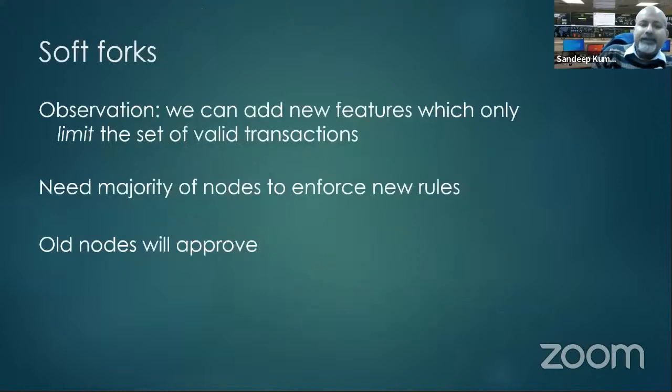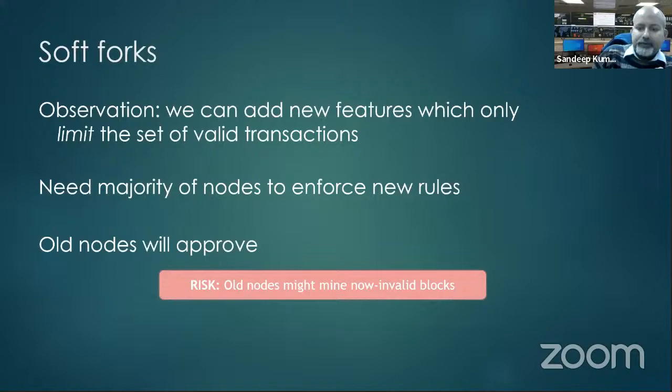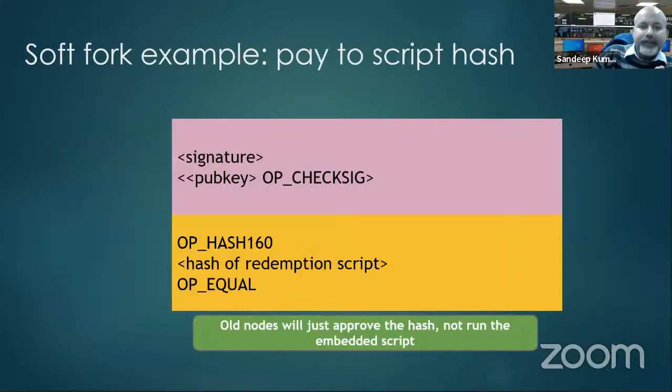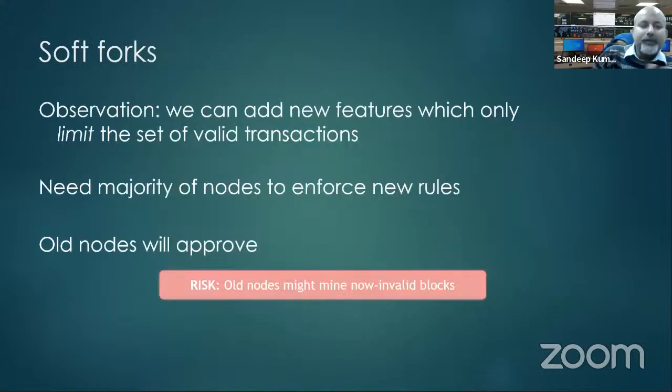Now, for certain changes, I don't have a picture for soft fork, but a soft fork happens when you actually restrict the old rules. So the things that were valid in the old rules will not all be valid anymore. See, in the hard fork, you are not restricting the old rule, but rather creating new rules.